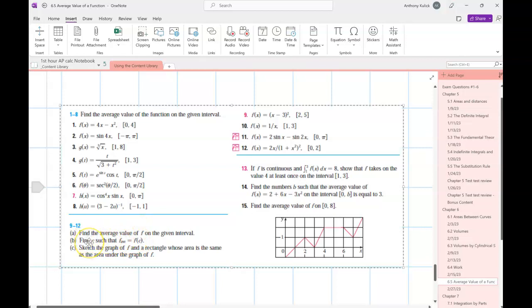Then find the C, the value for x that takes on that average value, and sketch the graph of f with the rectangle on there that has the same area as the area under the curve, which again, no big deal.